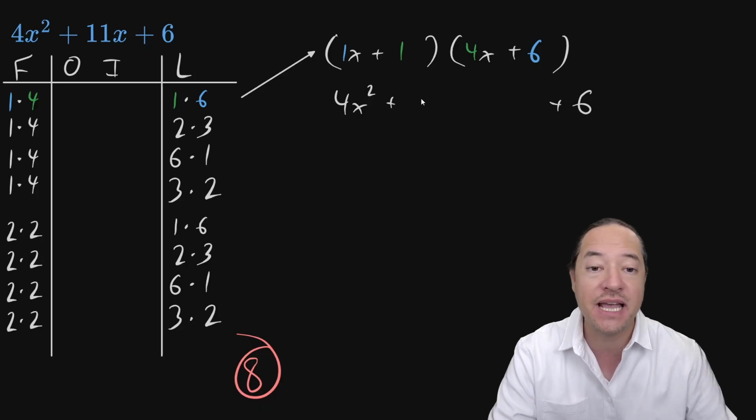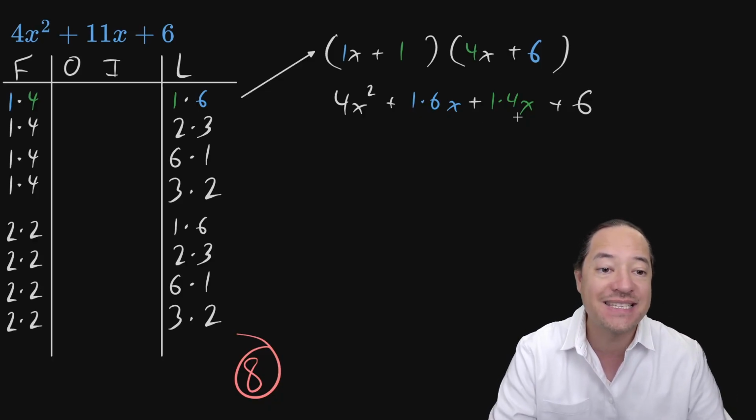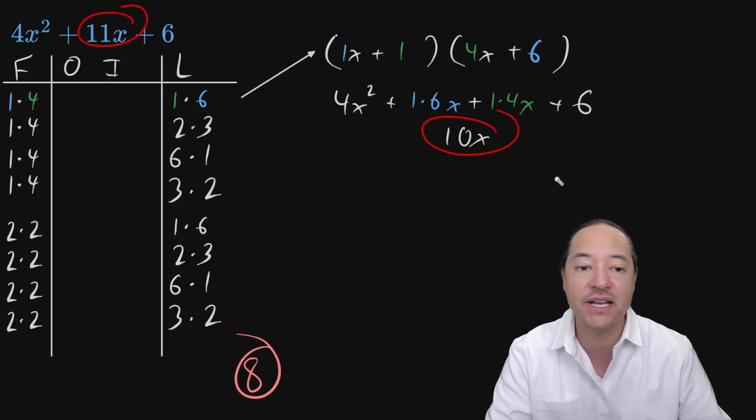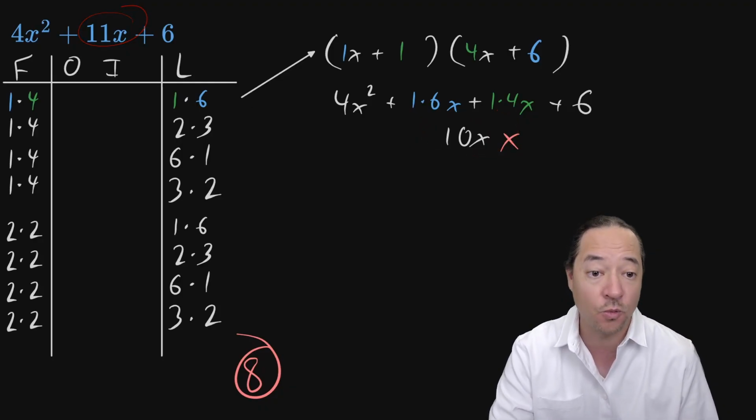This is going to give us 1 times 6x, right? And then over here, we're going to get inner times inner. That's 1 times 4x, okay? And we want to add these together. So this is going to be 6x plus 4x. This is going to be a 10x. And that's what we want to compare. Does 10x equal 11x? No, it does not. And so this combination doesn't work.